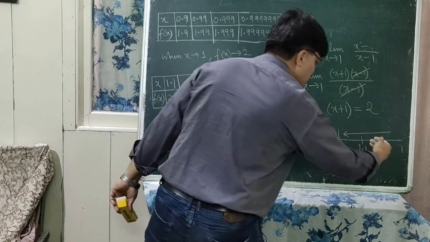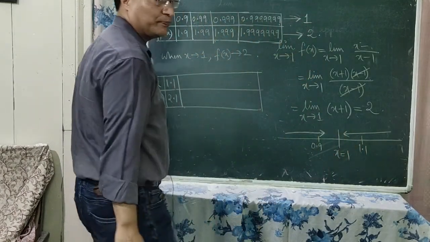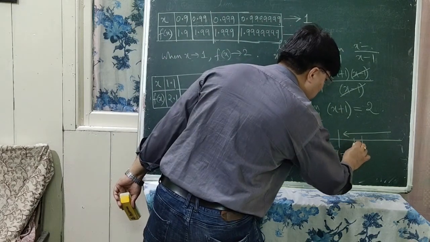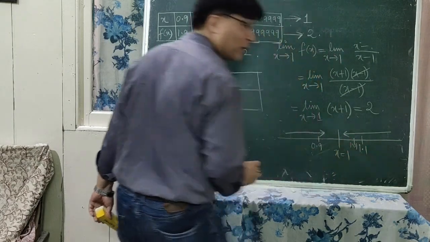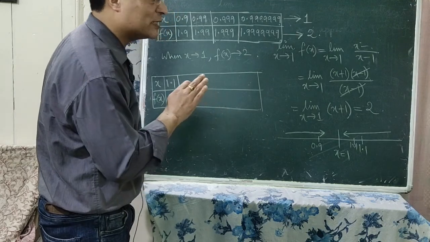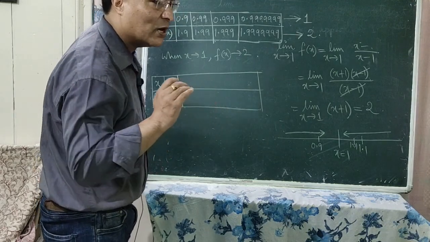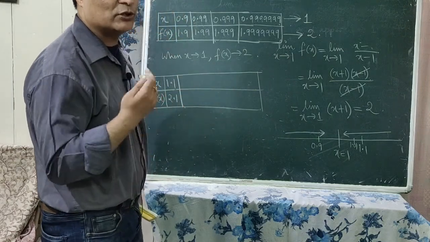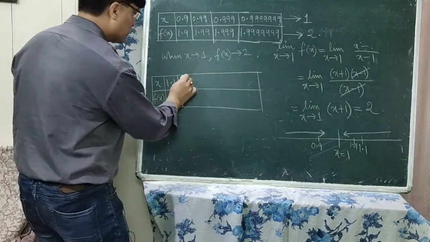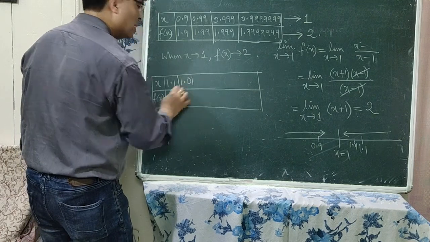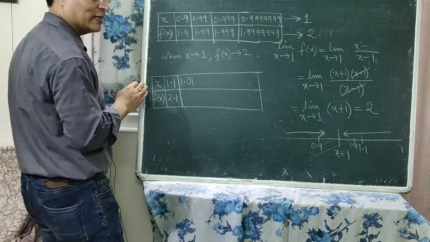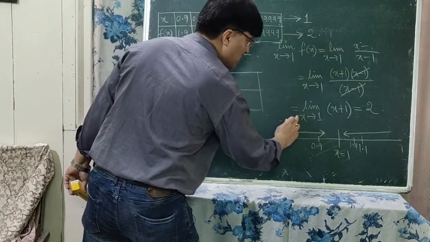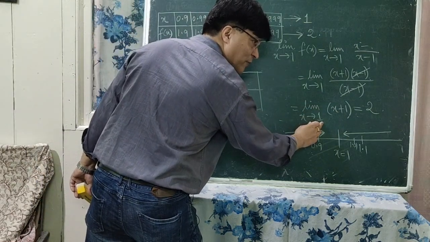Again, we go nearer to x is equal to 1. So here we take 1.01. 1.01 is less than 1.1. That is, again we are approaching nearer and nearer to x is equal to 1. So if we put 1.01, x is tending towards 1 from the right hand side.